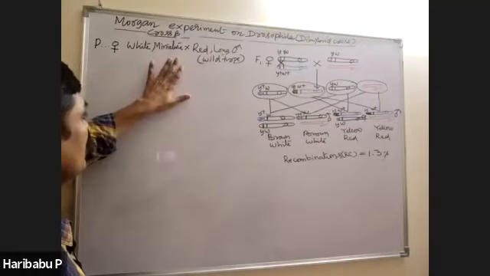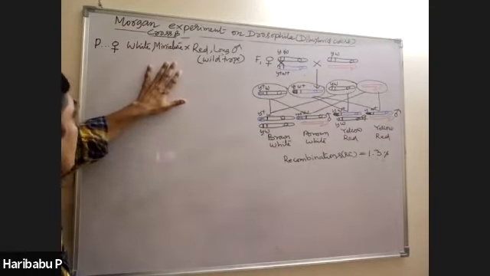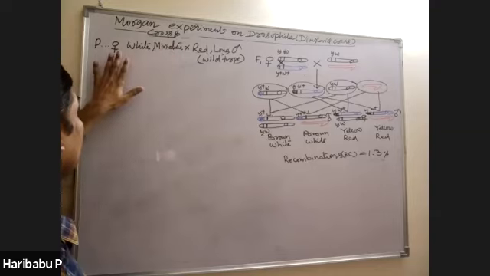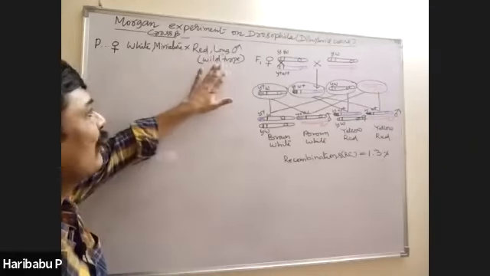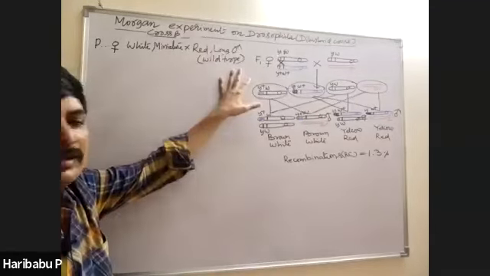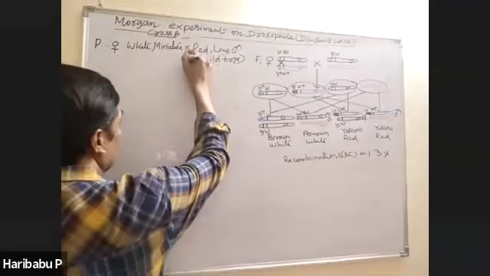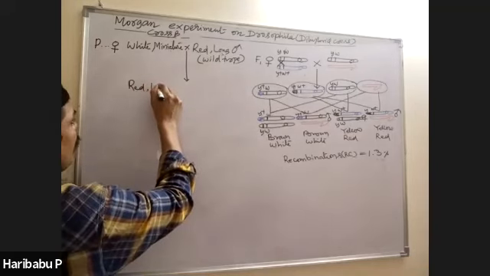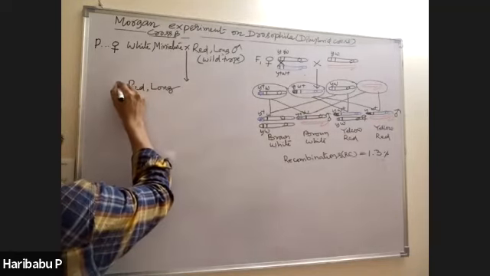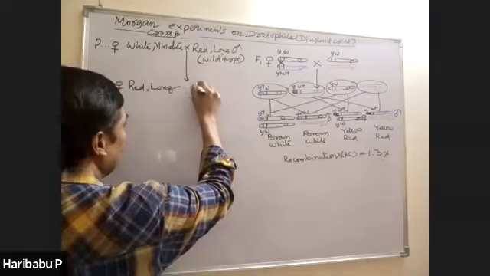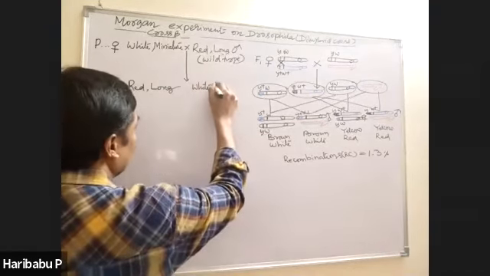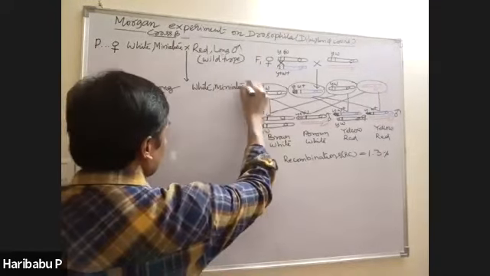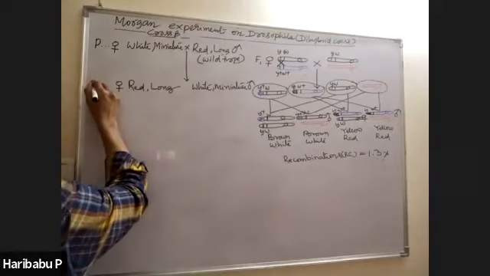So in the second cross, Morgan crossed white miniature female flies with red long male flies. In the F1, red long females and white miniature males were obtained.